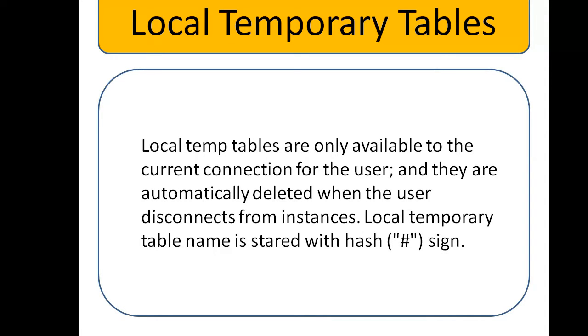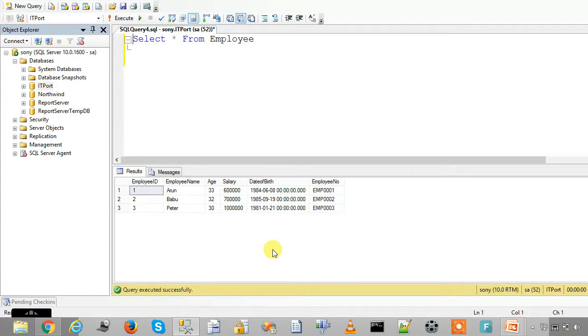Let us check with local temporary tables. We consider the table, select star from employee table. Here I want to create a temporary table, syntax with the # sign. So, #LocalTempEmployee, with just employee ID, employee name and employee number.